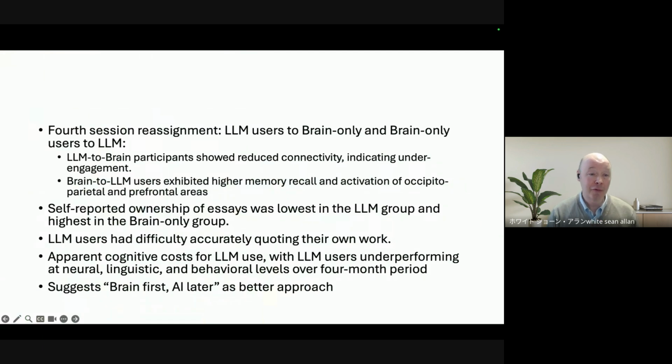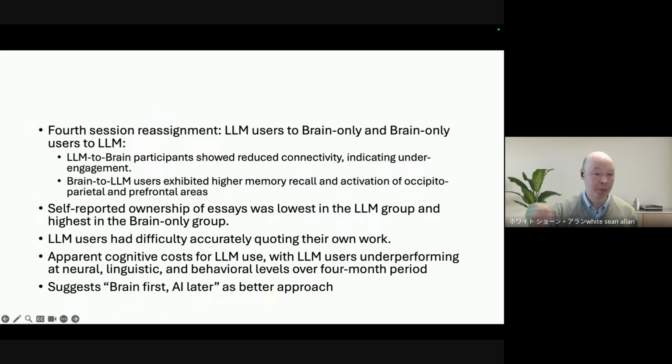And then interestingly, in the fourth session, LLM users were assigned to a brain-only condition, and the reverse. All participants participated in all of these, but under a variety of conditions. For LLM-to-brain participants, they found reduced connectivity, indicating under-engagement.